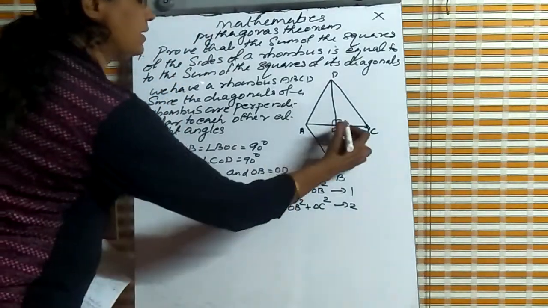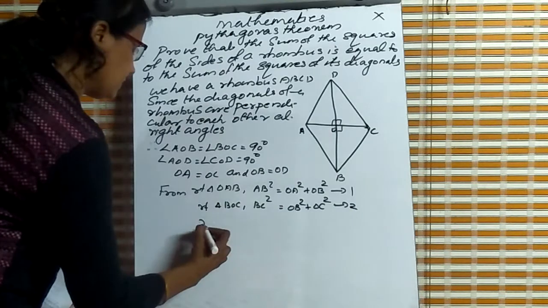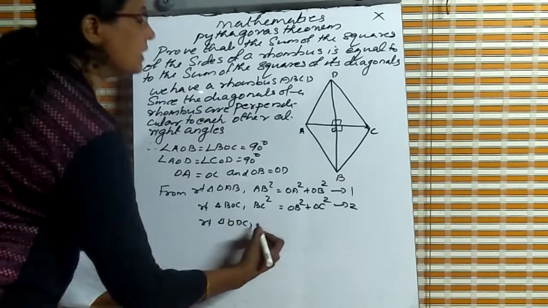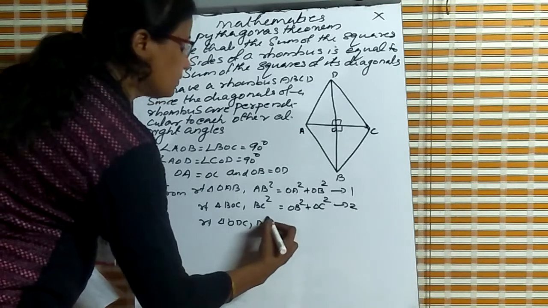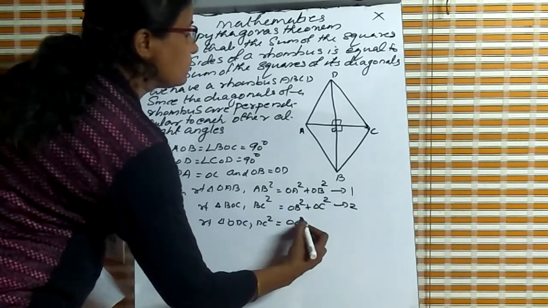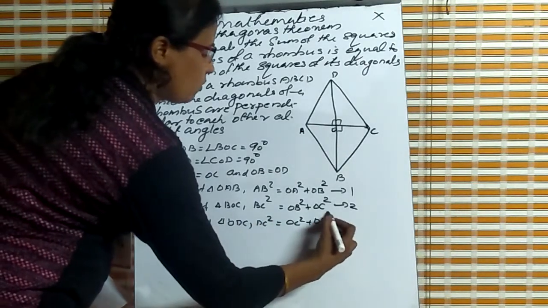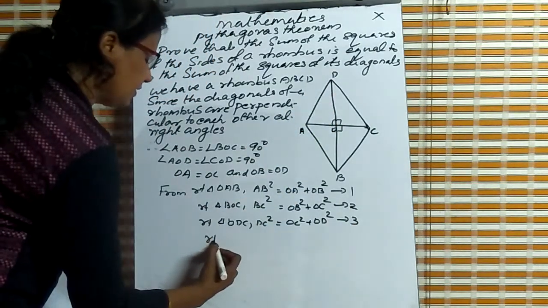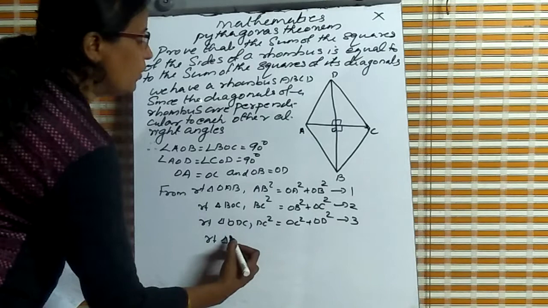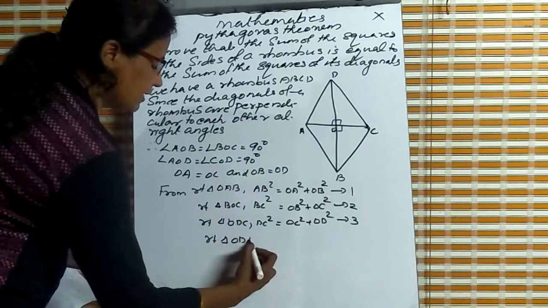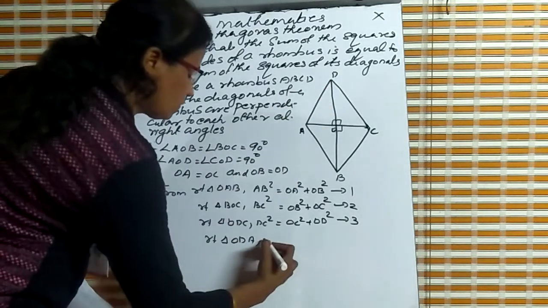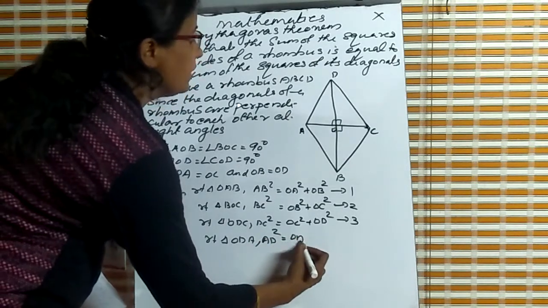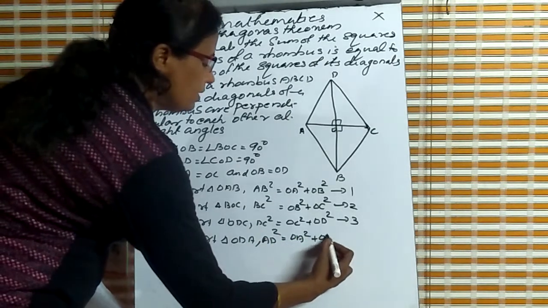Again, from right triangle ODC, DC square is equal to OC square plus OD square. Equation 3. Again from right triangle ODA, what is AD square? AD square is equal to OA square plus OD square.